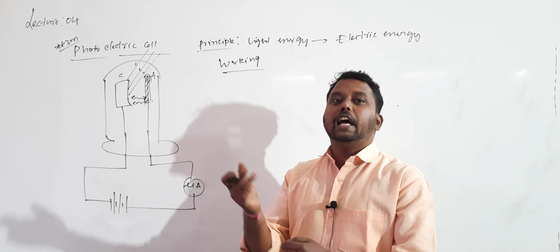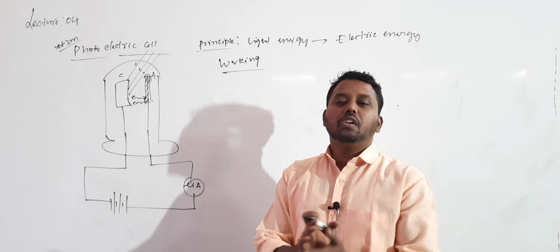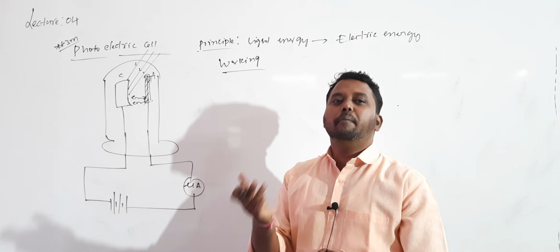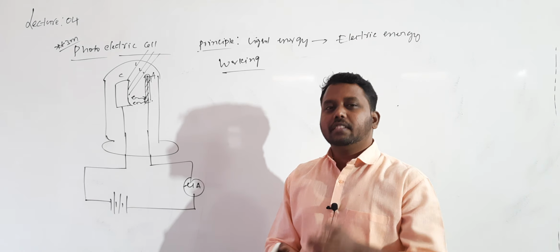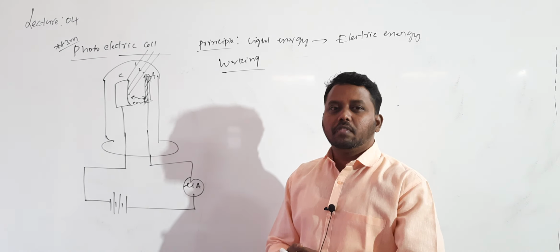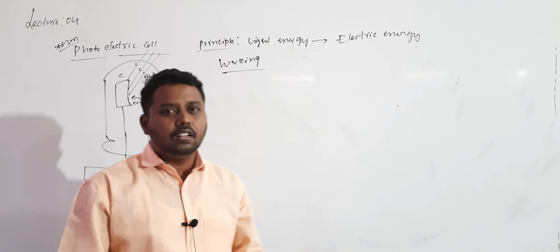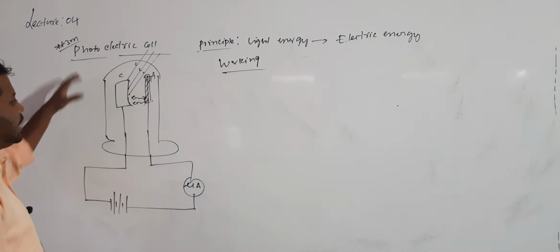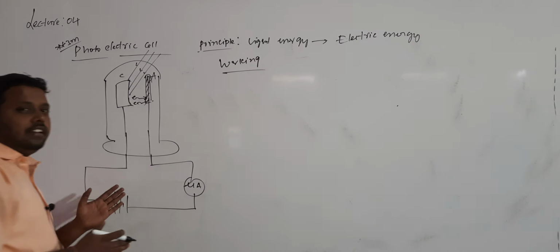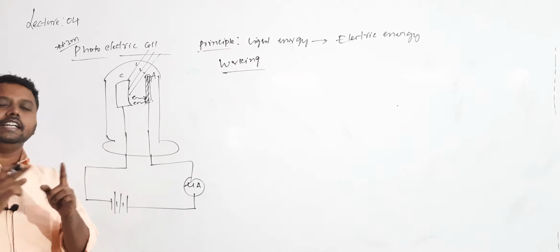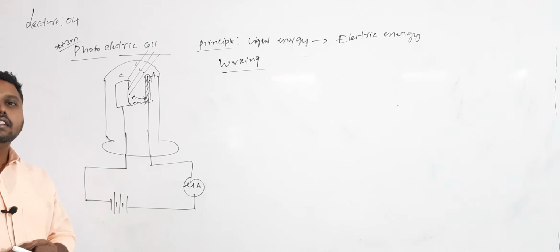That current needs amplification, so it is given to an amplifier. Amplification is covered in communication systems, which is not in the syllabus. This you have to write regarding the construction and working of the photocell. This part is given in your NCERT textbook as a separate part.